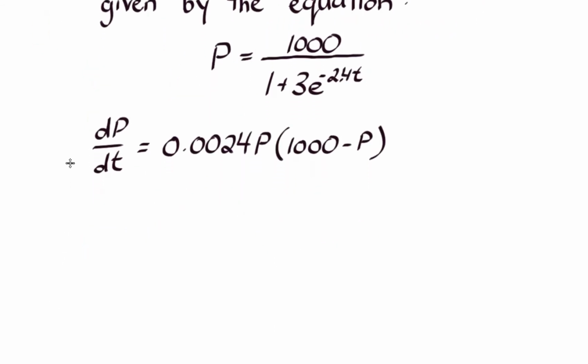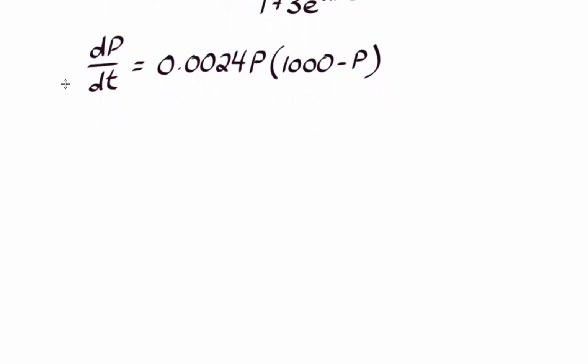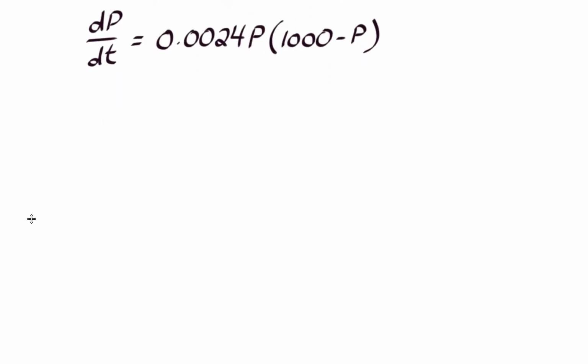Now, like we've done previously, we will need to flip both sides so that we can integrate with respect to p. So we get dt/dp is equal to 1 over this whole thing.